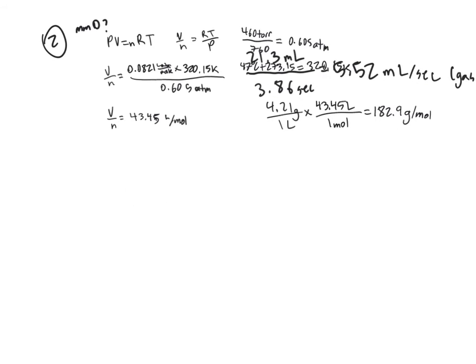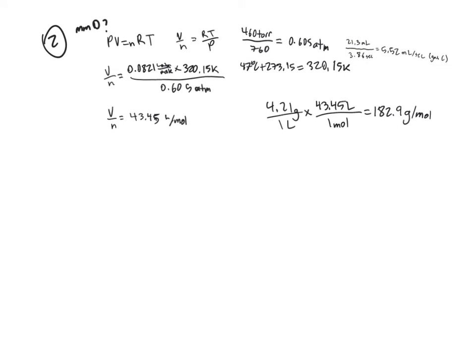Then we're going to find the molar mass of gas D now that we have all the information we need. So we know it's rate A over rate B equals the square root of molar mass B over molar mass A, and I'm just going to replace the A with C and the B with D to make it easier.